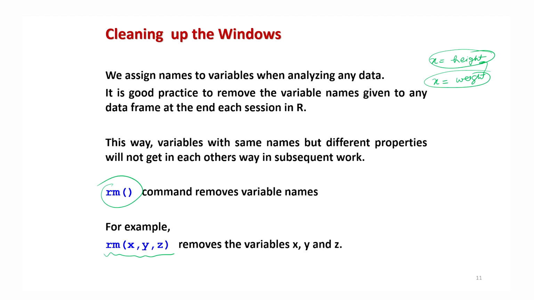Right, so now let me stop here in this lecture. It was a very elementary lecture where I have shown you how to use different types of editors for executing your program. You can use either Notepad, the built-in window, or the RStudio window to type your commands, and after that there are different ways to execute those commands depending on the choice of the software.